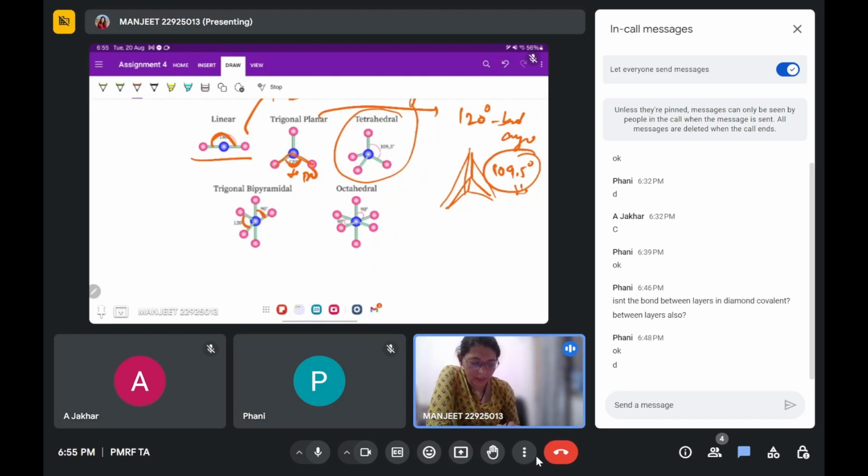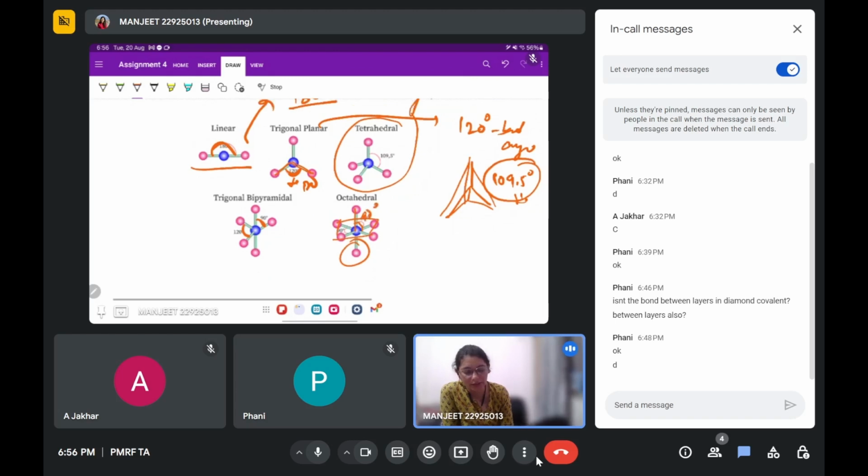This is bipyramid because two pyramids are considered here, and they are trigonal also. For the octahedral, four are in the same plane, one is upward and one is below the plane. So the angle between them is 90 degrees.